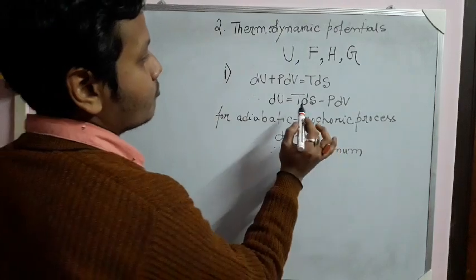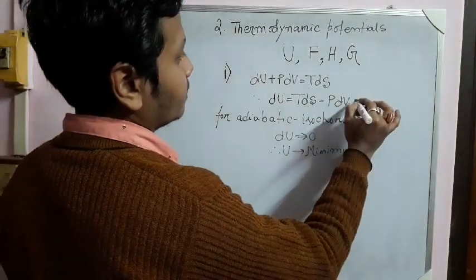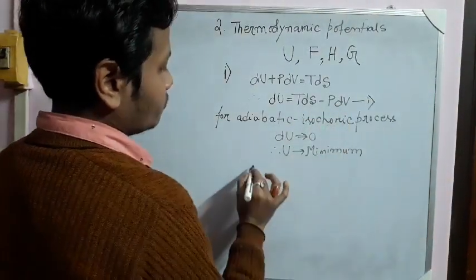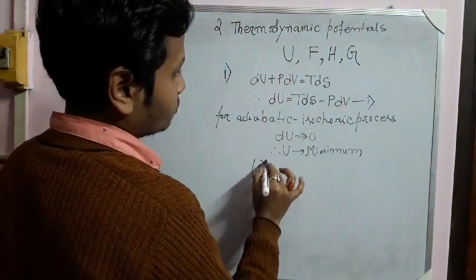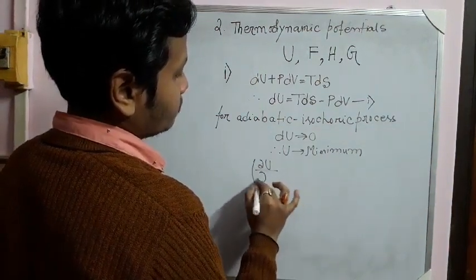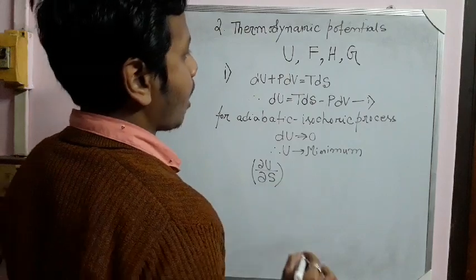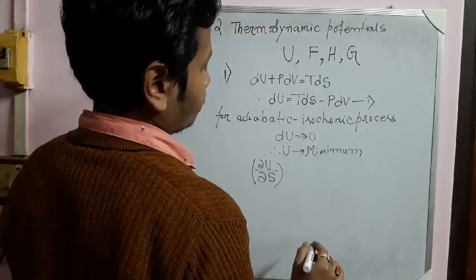Now give this equation a name, say 1. From equation 1 we can also write del U del S at constant volume.